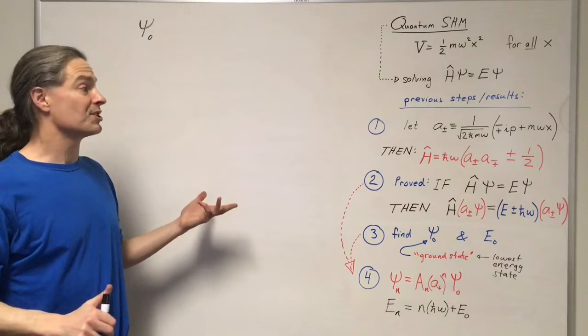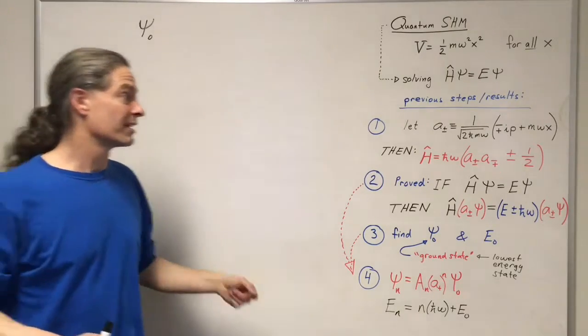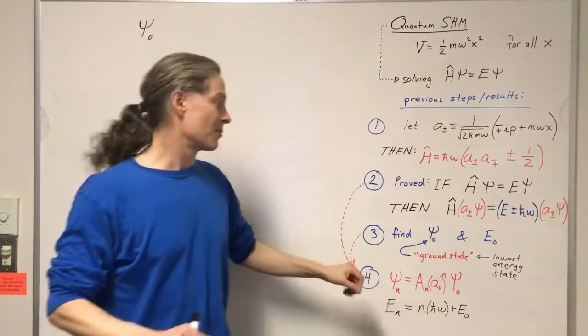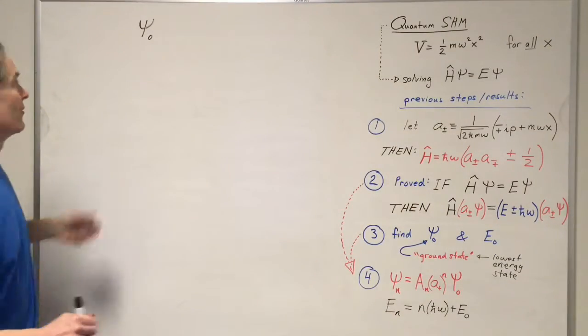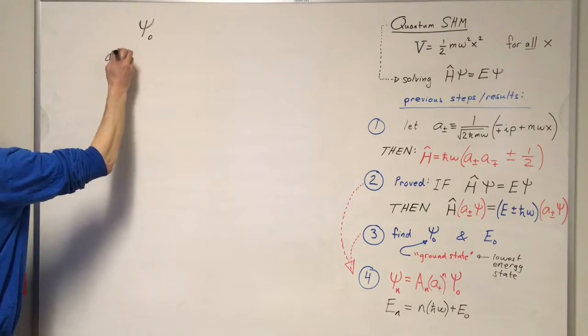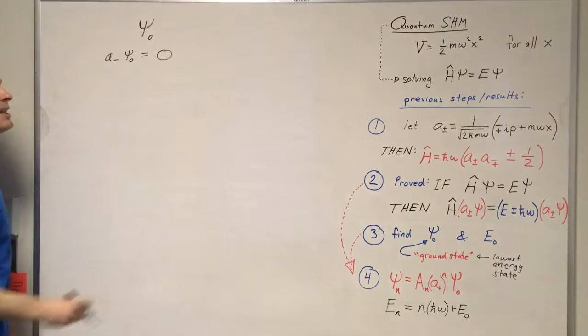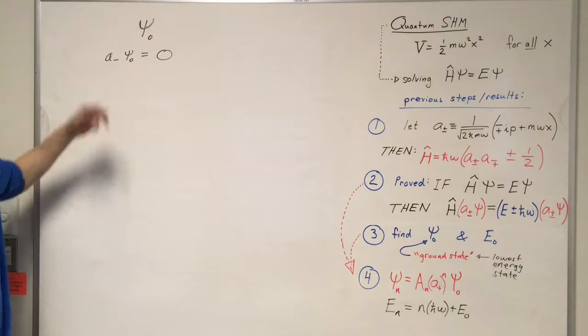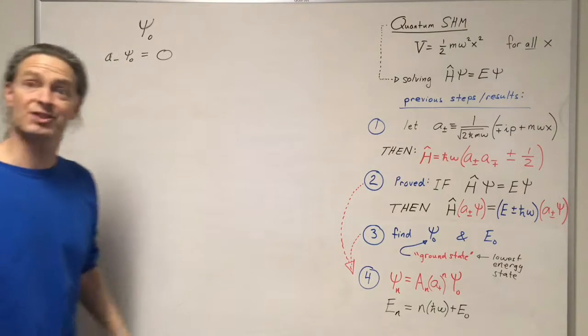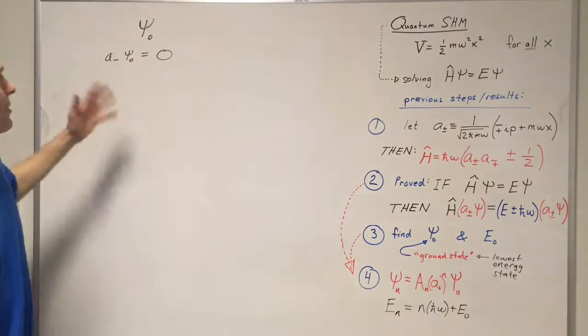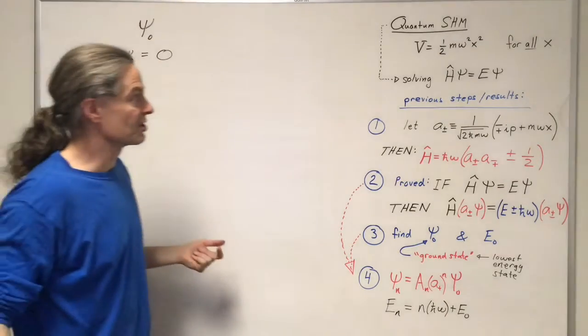Now, if it's the lowest energy state, that means we can't go lower in energy. So the A minus operator, which should take us down in energy, operating on this, will give us 0. That's basically the definition of the ground state. It's the lowest energy state. Okay, so now our process is as follows.